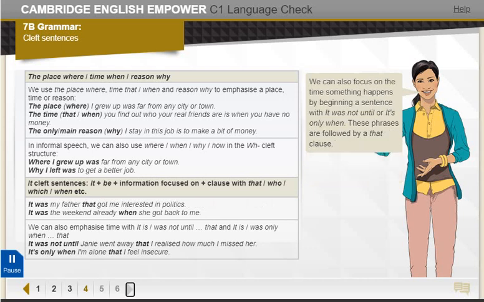We can also focus on the time something happens by beginning a sentence with "it was not until" or "it's only when." These phrases are followed by a that clause. When you are ready, go to the activity.